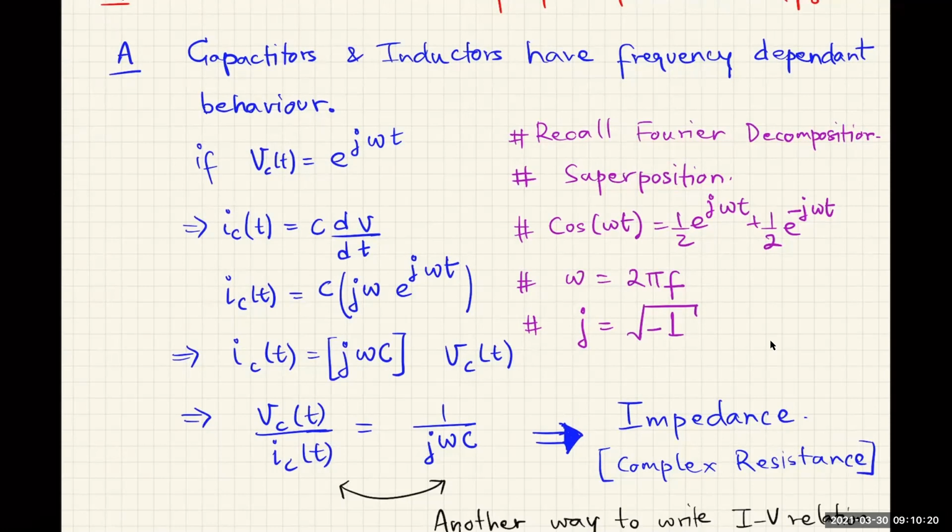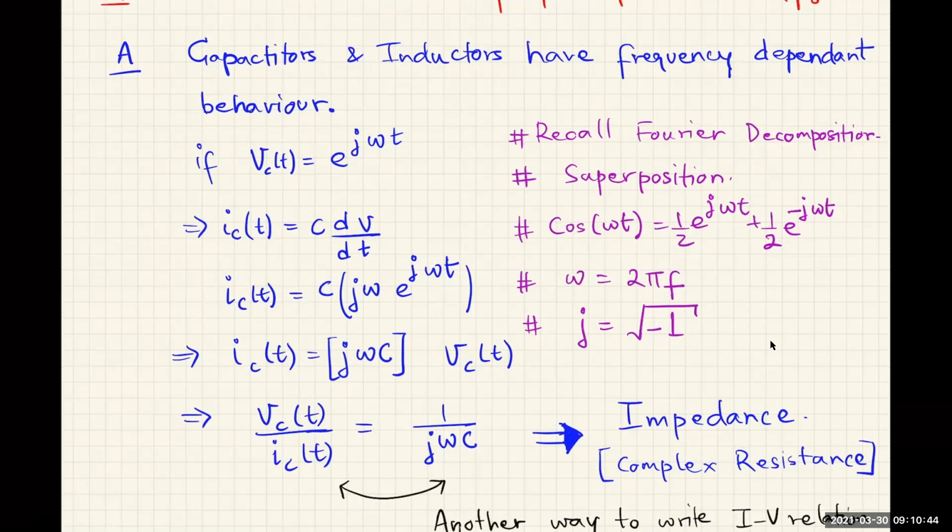The steps would be to first break the input into its Fourier components, different frequencies, and then study the frequency behavior of the circuit. How does the circuit behave at different frequencies?